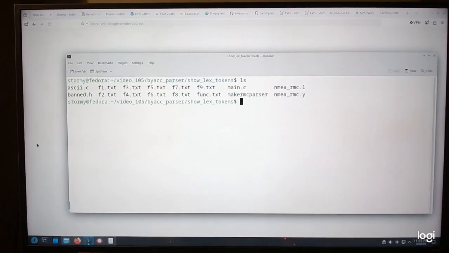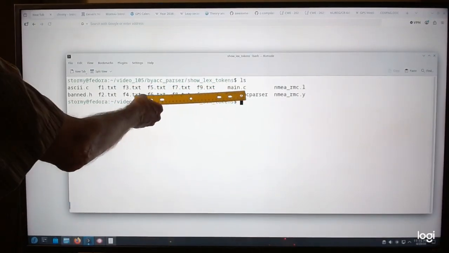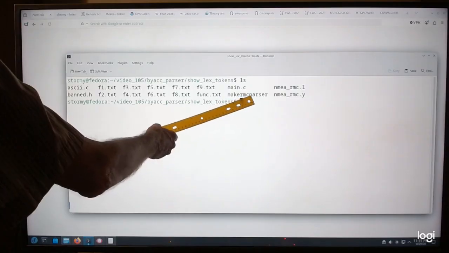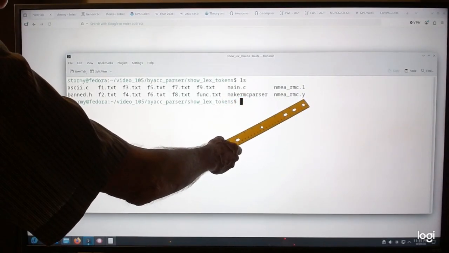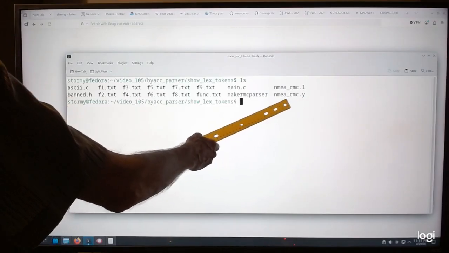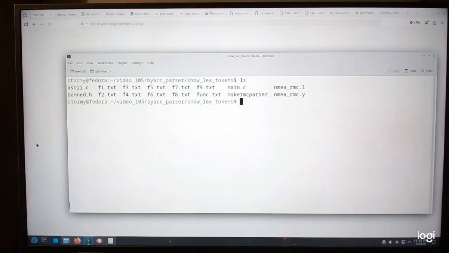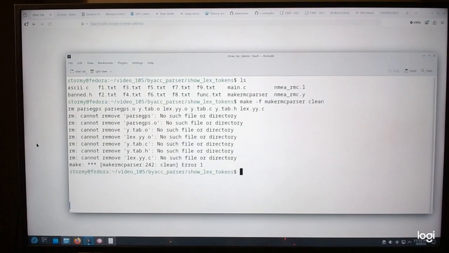I've got the main program, the makefile, and then there's the lexer, and that's the YACC grammar rules. So let me compile that. That's make, and let's just do a clean, and now let's compile it.